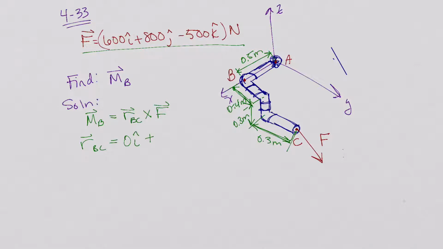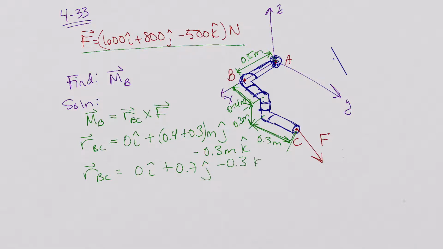So plus 0.4 plus 0.3 meters in the J. And then in the K, we go minus 0.3 meters. So R from B to C equals 0I plus 0.7J minus 0.3K, and that's meters.